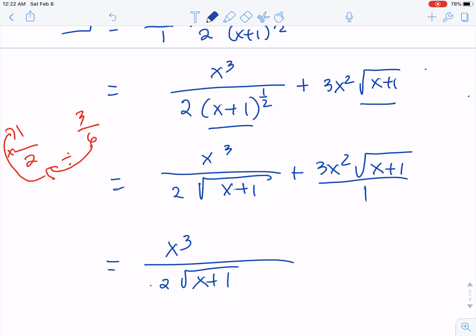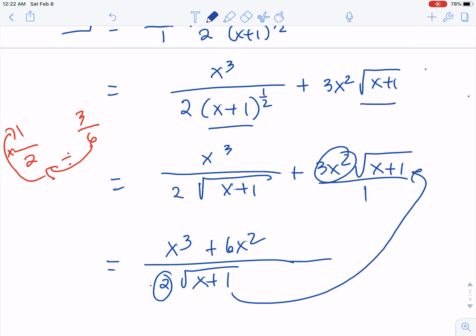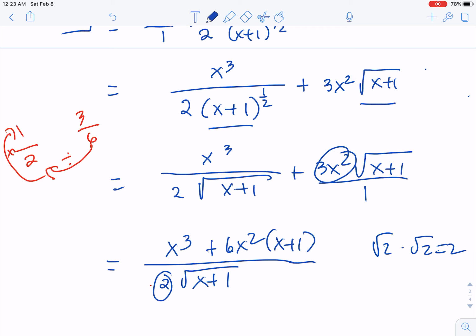Magiging x plus 1 siya, di ba? Tapos yung 2 at saka 3x squared, magiging 6x squared. Tapos yung ito at saka ito, magiging x plus 1. Parang square root of 2 times square root of 2, di ba? 2. So, square root of x plus 1 times square root of x plus 1 is just x plus 1, plus 6x squared times (x plus 1). Okay?